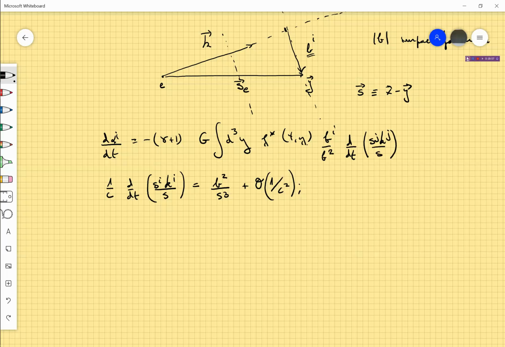Okay, then the next thing is to realize that this whole thing, this total derivative, can come out of the integral.